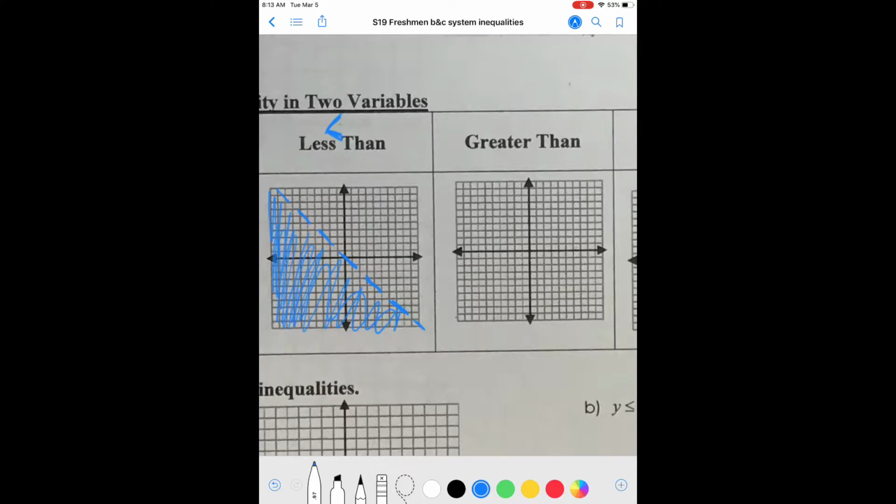Now, greater than is represented by the symbol right here. It also doesn't have an or equal to part, so we're going to have a dashed line. And because it's greater than, it's going to be above.